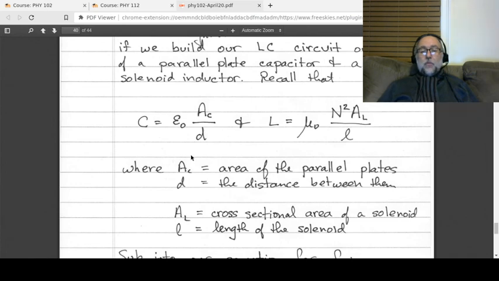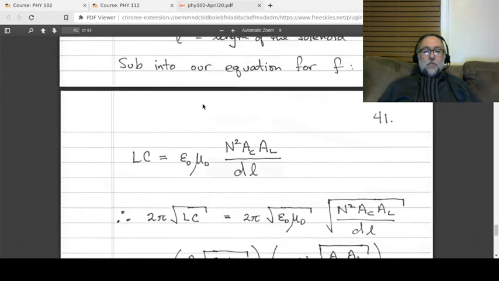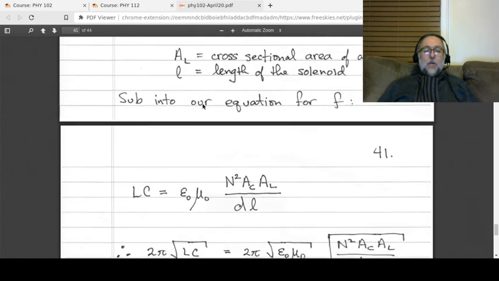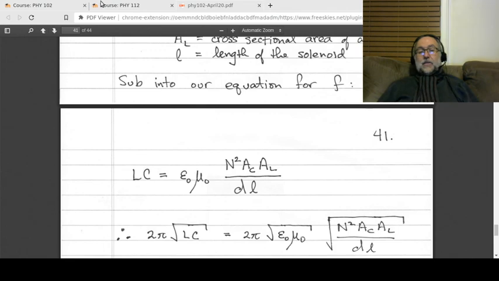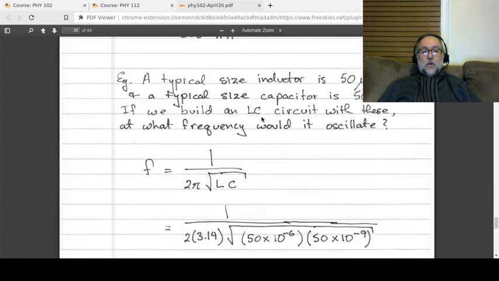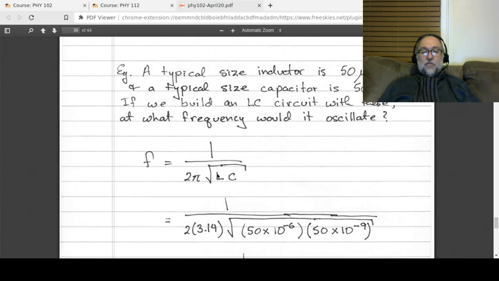Now if we put these two into the equation for the frequency, substituting them in for C and L, we get the following. I did it in steps, so here's the equation we're substituting into, the one for LC.